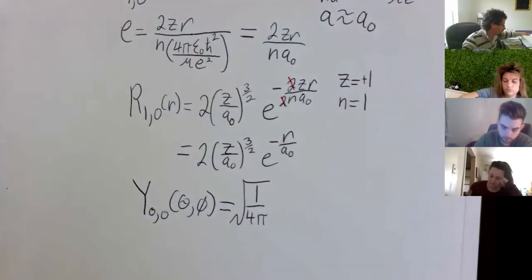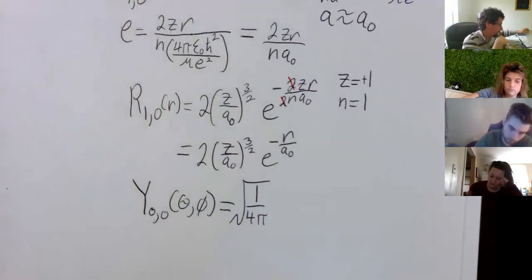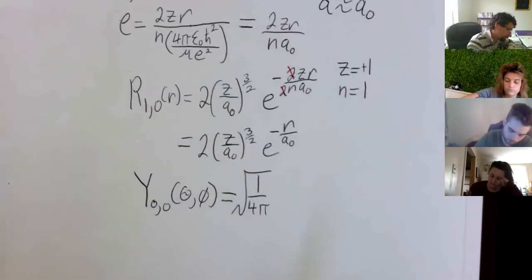So now what does our total expression look like then? Just those two expressions multiplied together.